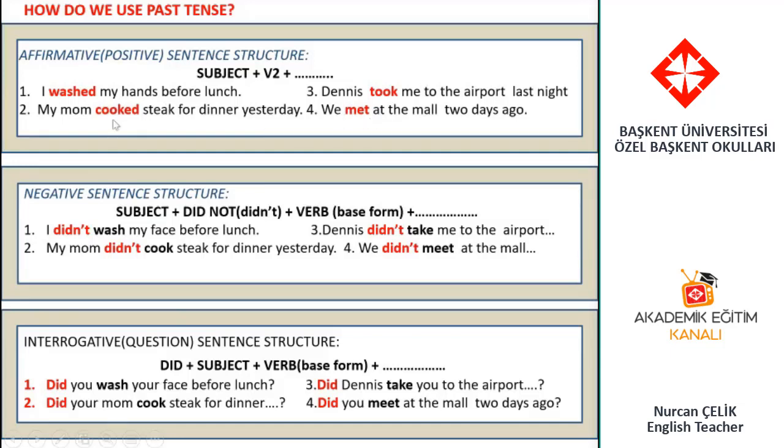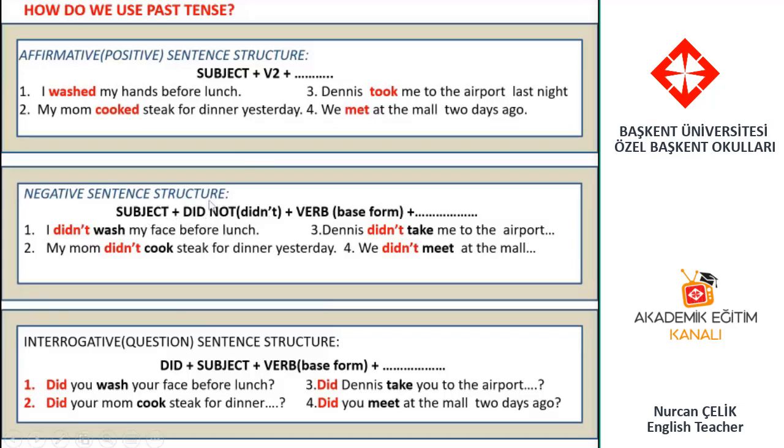These are all positive sentences, and as you can see, in positive sentences, when we are talking about some action, some event, we must use the verbs in past form. But in negative sentences, remember, we must use did in negative form: did not, or didn't.